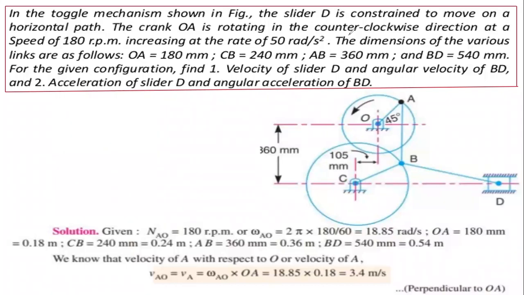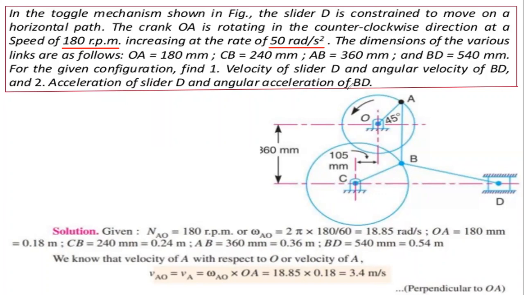Here the first crank, that is OA, is rotating in the anti-clockwise direction, that is the counterclockwise direction, at a speed of 180 rpm, and it is increasing at a rate of 50 radians per second square.